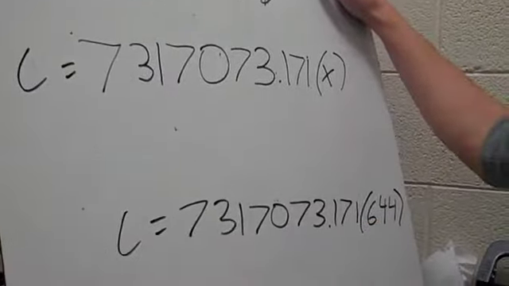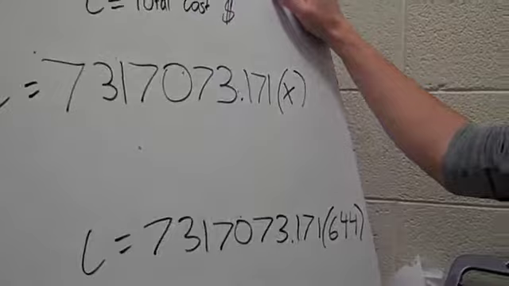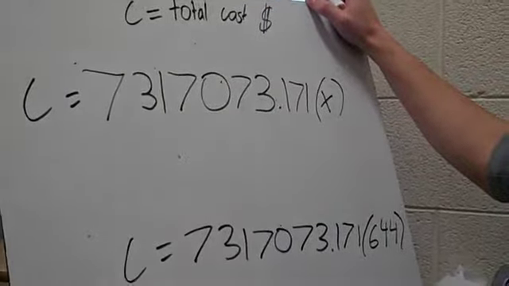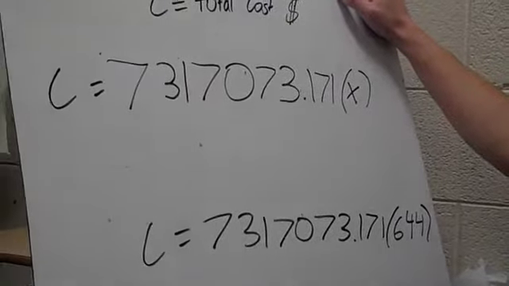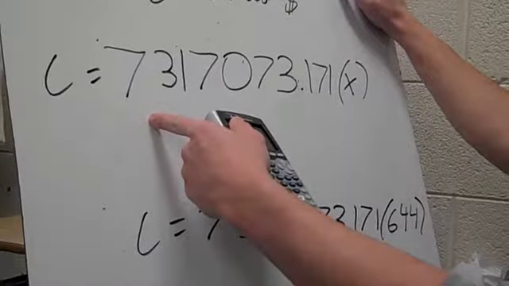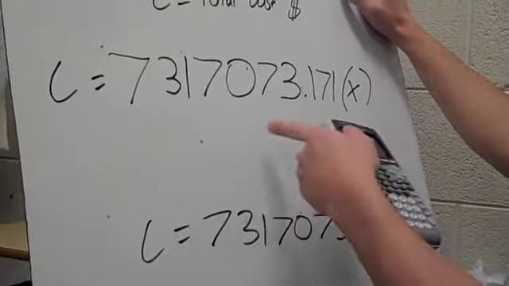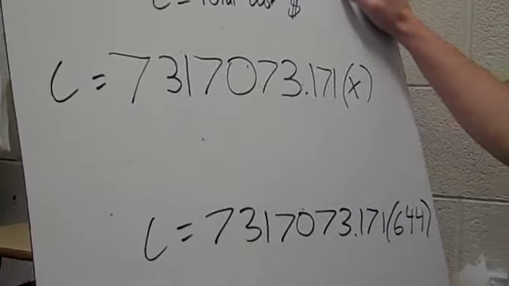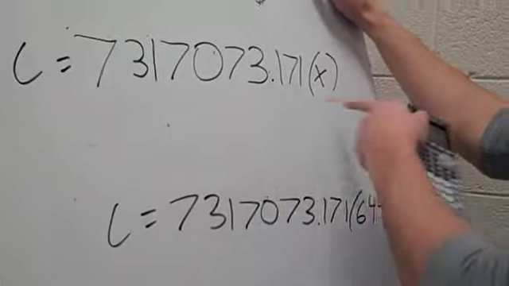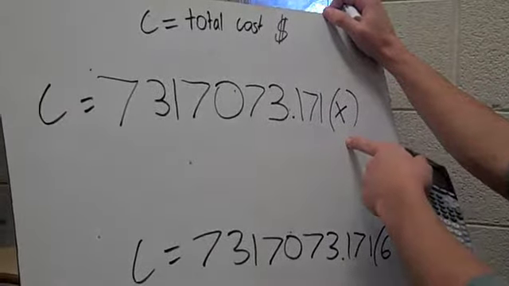We now want to figure out the cost efficiency for each windmill. To install, and the materials for one windmill, according to Vestas.com, is $7,317,073.17. We plug this into our equation to find the total cost times x, the number of windmills for Bloomington Normal.